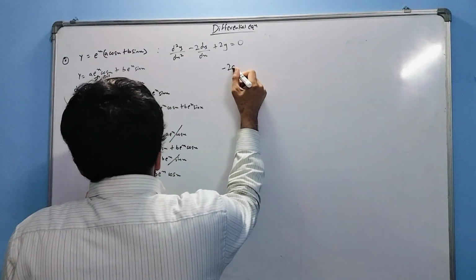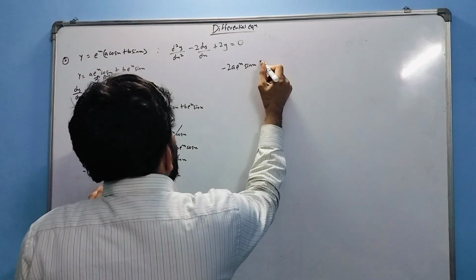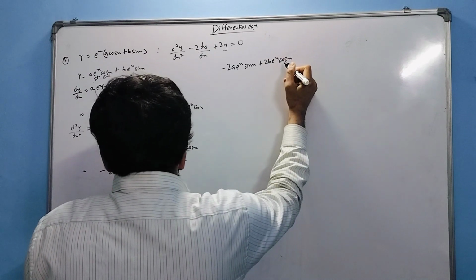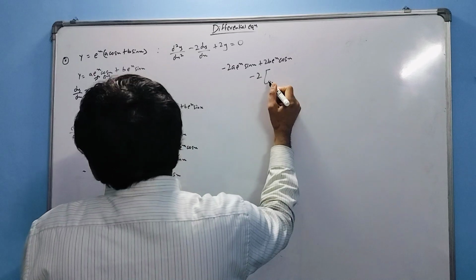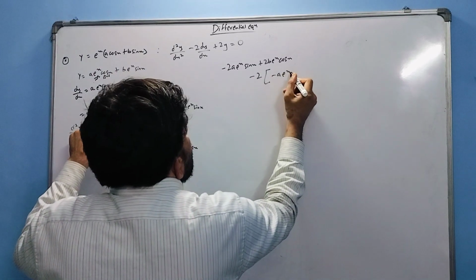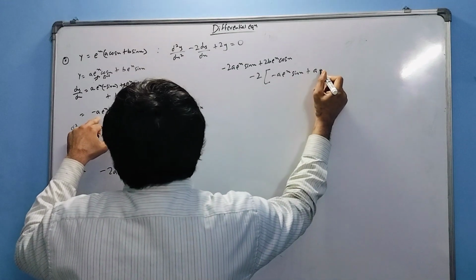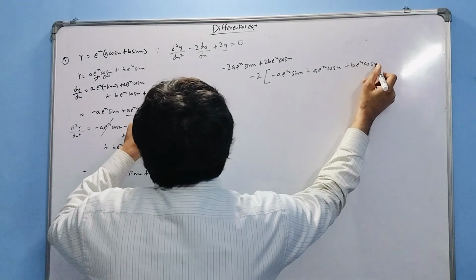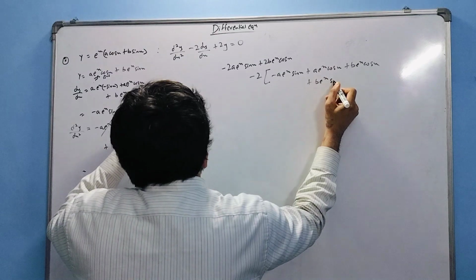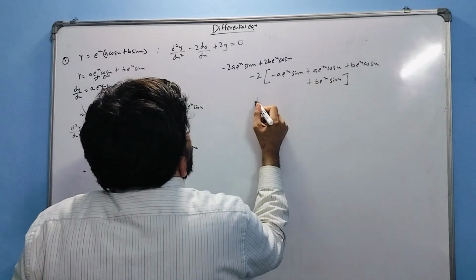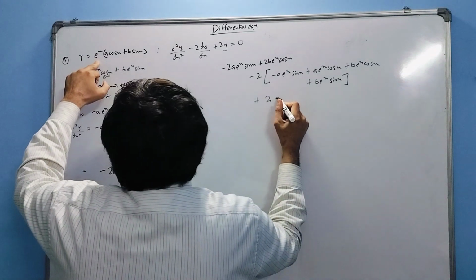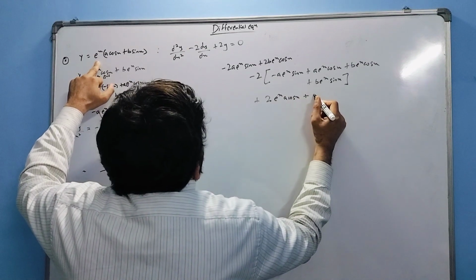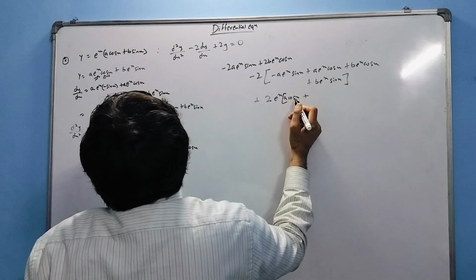So minus 2a e raised power x sin x plus 2b e raised power x cos x, minus 2 into dy upon dx, that is minus a e raised power x sin x plus a e raised power x cos x plus b e raised power x cos x plus b e raised power x sin x, plus 2 into y, that is e raised power x (a cos x plus b sin x).